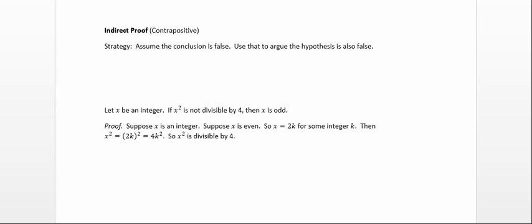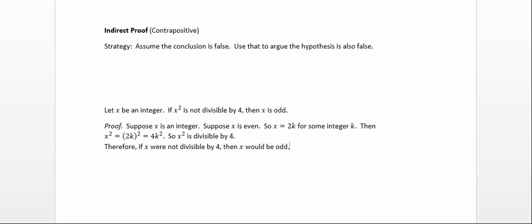Okay. And then maybe just as a concluding sentence, I don't have to do this, but I'll just say, therefore, if x squared were not divisible by 4, then x would be odd, right?